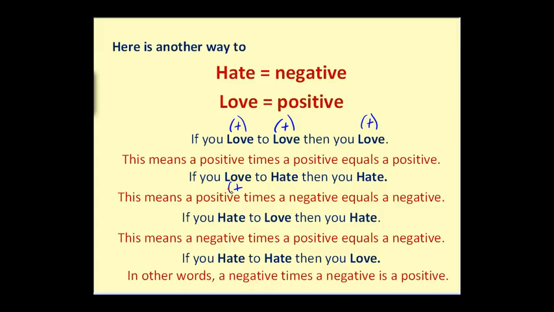So that means a positive and a negative results in a negative when you're multiplying or dividing. And next, if you hate to love, or you have a negative and a positive, then the result will be negative when you multiply or divide. And lastly, if you hate to hate, you have a negative and a negative, then you love. So if you multiply or divide a negative times a negative, you get a positive.